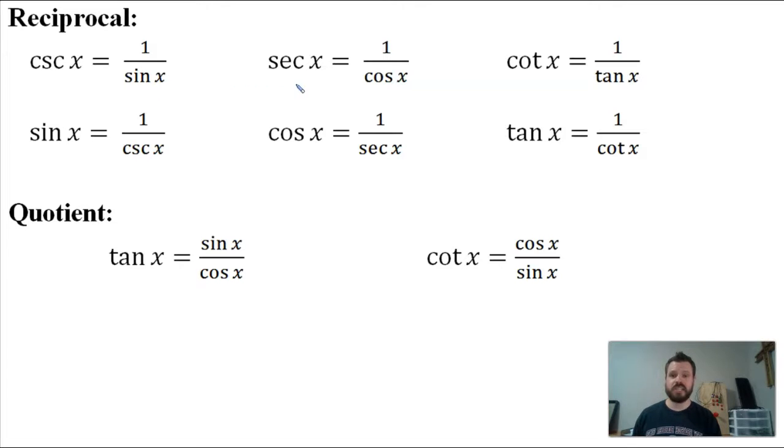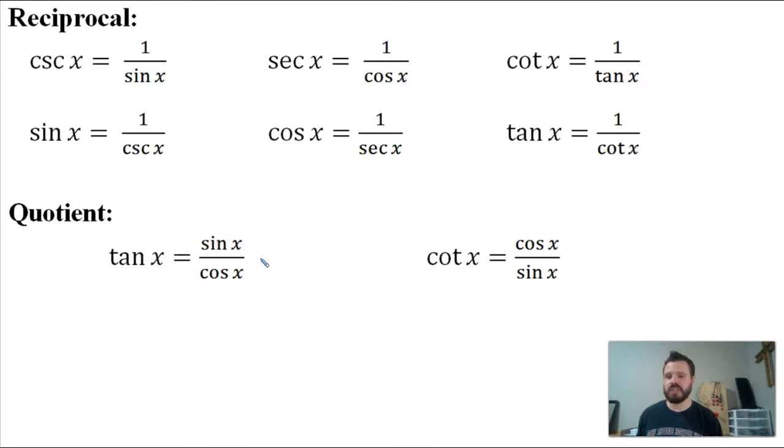Secant and cosine go together, cotangent and tangent go together. And then notice that the cosecant identity and the sine reciprocal identity are really just opposites of each other. So yes, I'm giving you 6 here, but if you can remember the first 3, there shouldn't be an issue remembering the other 3.